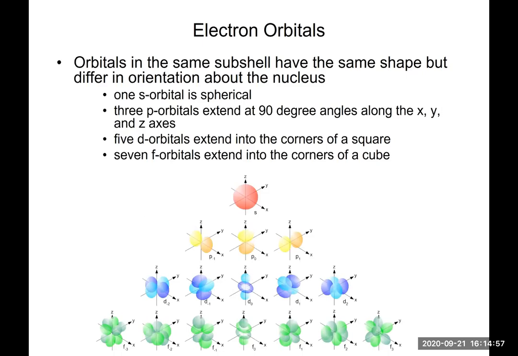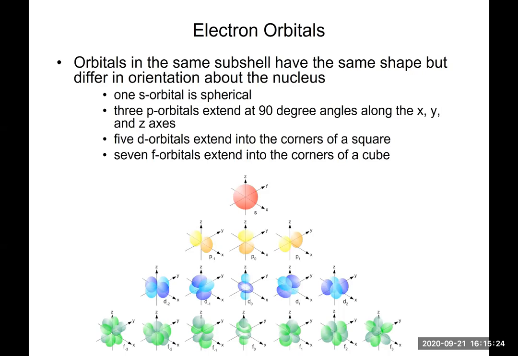Orbitals in the same subshell have the same shape, but they differ in orientation about the nucleus. And that's what this diagram is showing you here. So the s orbital is spherical. So it's always going to have the same shape about the nucleus, with the nucleus being in the center of the sphere. The p orbitals, though, have 2 lobes, and there are 3 of them.